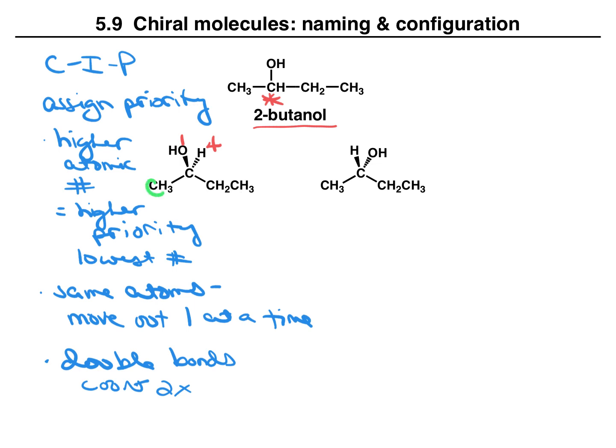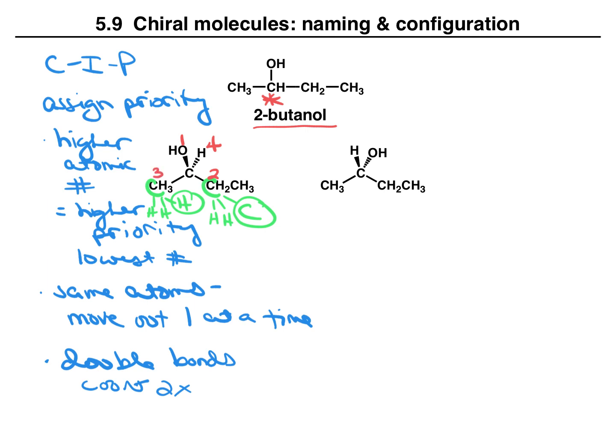So then we focus on the fact that this is connected to HHH, whereas this one is connected to HHC. C has higher priority than H, so this group has higher priority than this group. That means our ethyl group is priority 2 and our methyl group is priority 3.